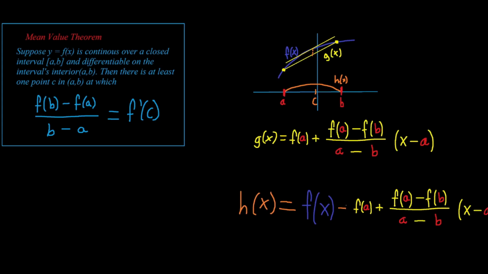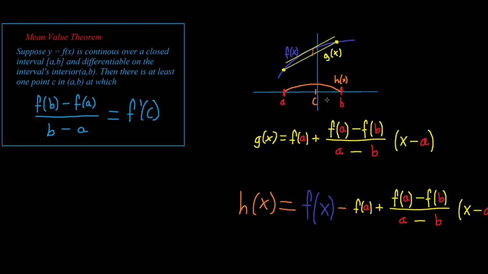Now take note of h of x here. If you remember the extreme value theorem and Rolle's theorem, the extreme value theorem basically says that on a closed, fully continuous interval where the endpoints are defined and included in the interval, there will exist a minimum and a maximum value.